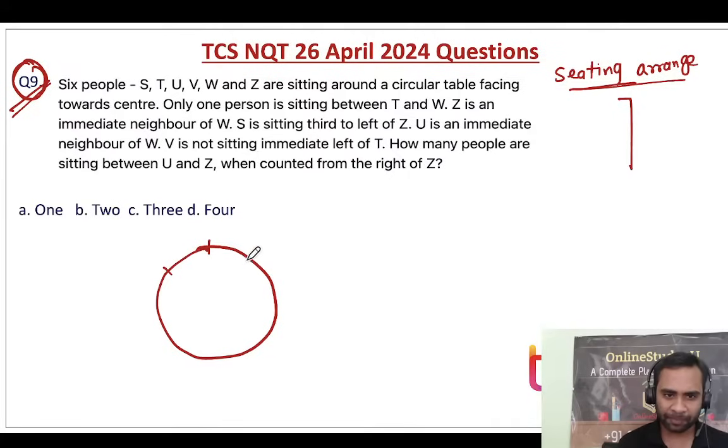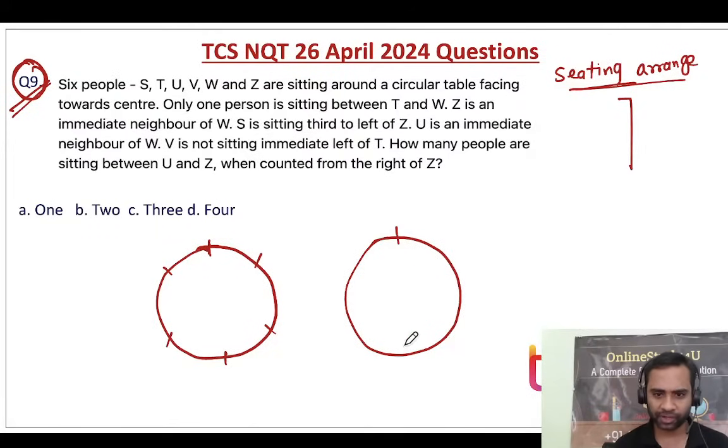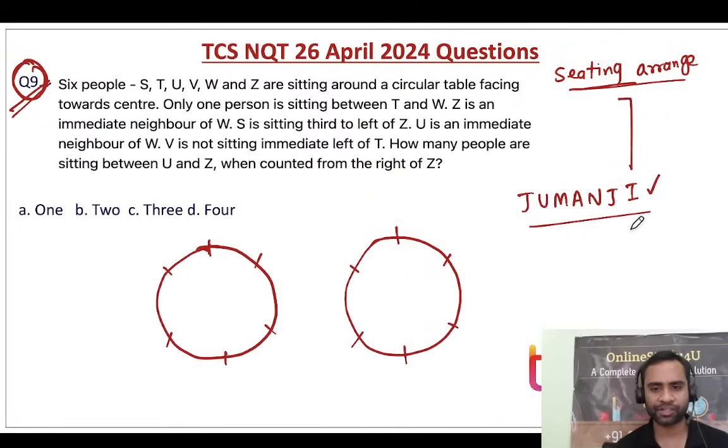Okay, now, six people are sitting around a circular table. Now, please try to understand the approach that you are going to use in the exam hall. So this Jumanji, we will see what that is. Okay, somebody has already given the logic. Anyway, next question we will take.